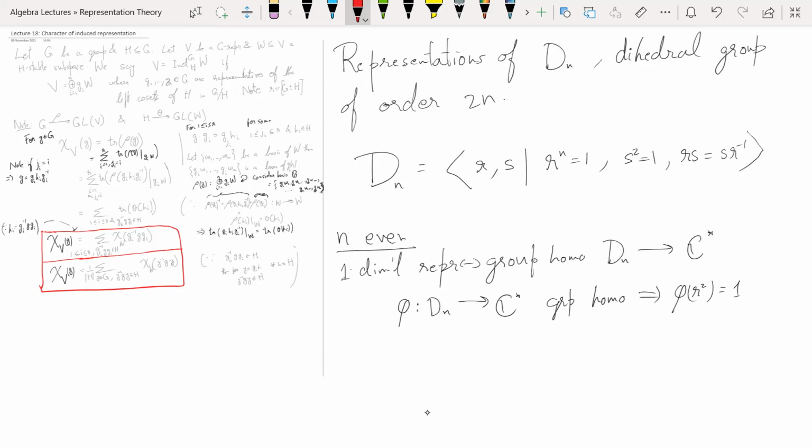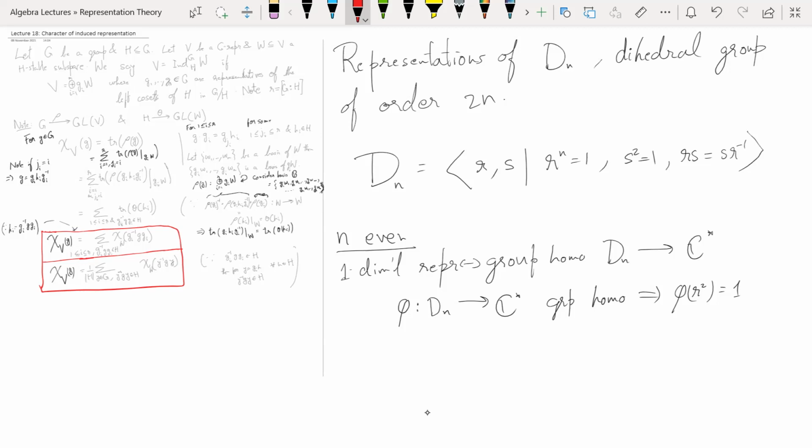So it's generated by two elements. One is the rotation, denoted by r. Since it's of order n, r to the n has to be the identity. The other is the reflection, which we denote by s, and since a reflection has order 2, s squared must be 1. If you rotate anti-clockwise and then reflect, that is the same as rotating in the other direction and then reflecting. That gives you this identity.